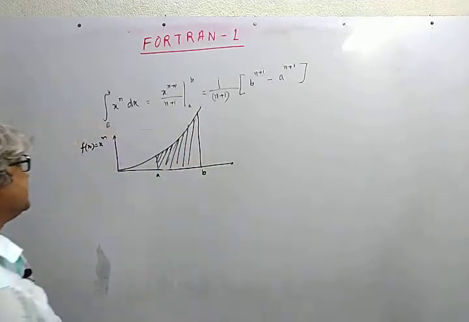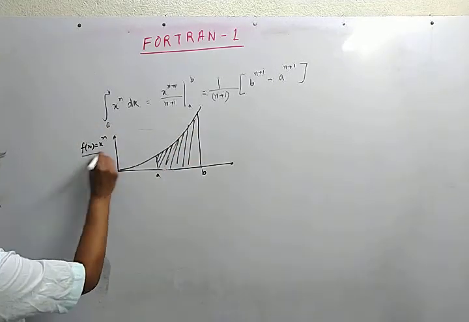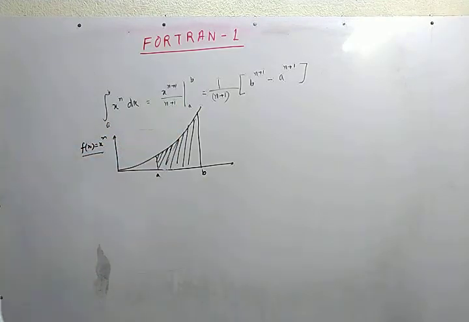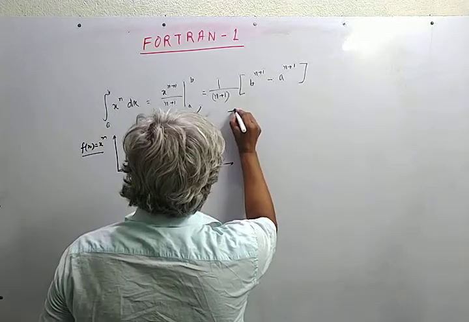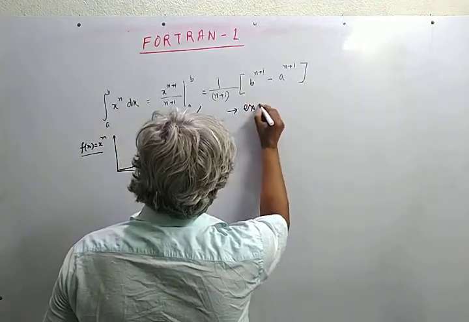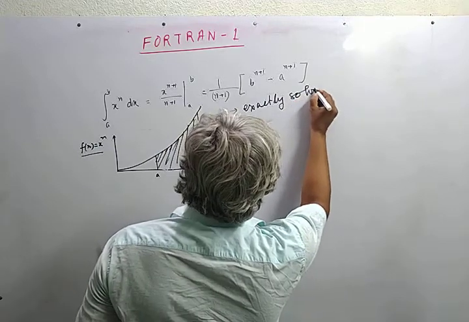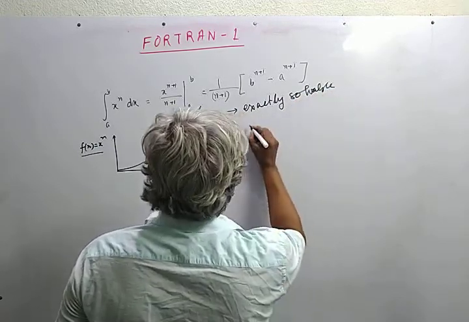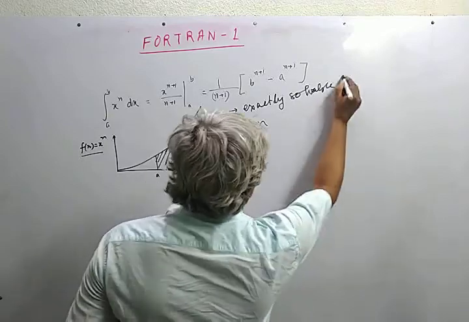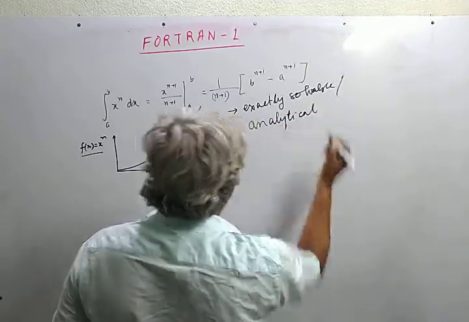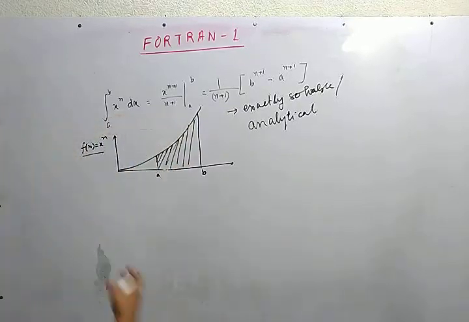Here the function is simple enough so that we can carry out the integration in a closed form. This is an analytical problem, or exactly solvable problem. Sometimes people say that the result is known in closed form.